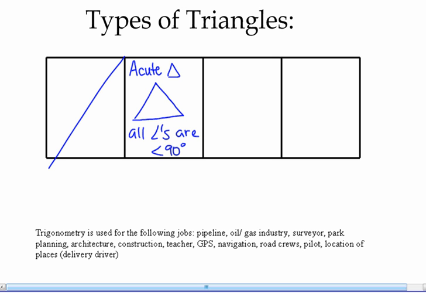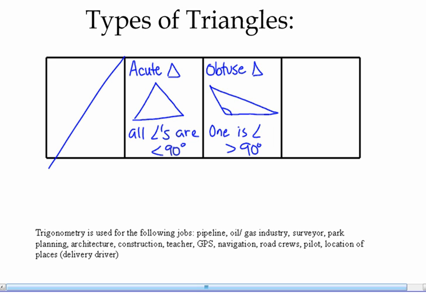They're all acute angles. Okay, if it's not acute, it could be obtuse. Remember these good old days? Okay, so obtuse means one angle is greater than 90 degrees.